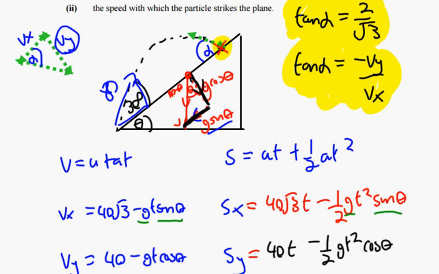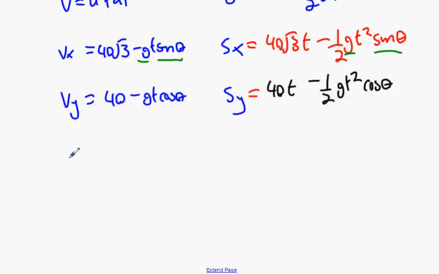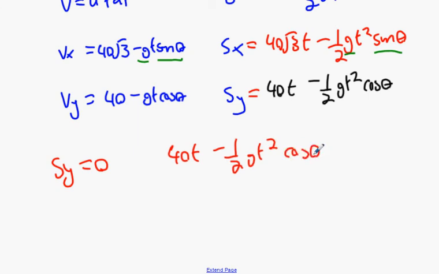Sy equals 0. So we're going to solve Sy equals 0. So we're going to get 40t minus a half gt squared cos theta equals 0. Multiply everything by 2 and then transfer that over to the right. I'm going to get 80t equals gt squared cos theta.